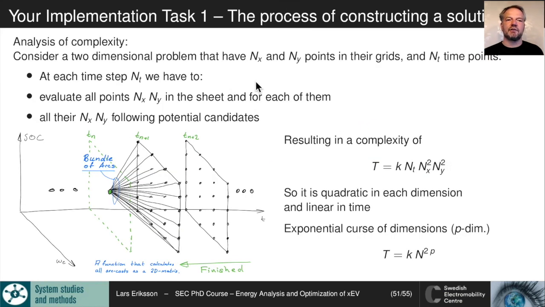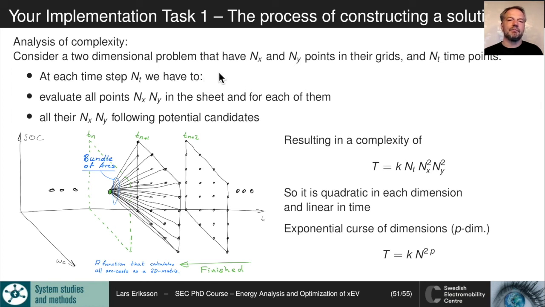Your implementation task: when we look at the complexity of the algorithm, for the parallel hybrid we have 2 dimensions, with nx points in one dimension and ny points in the other. And nt is the number of time points that we have in the grid.